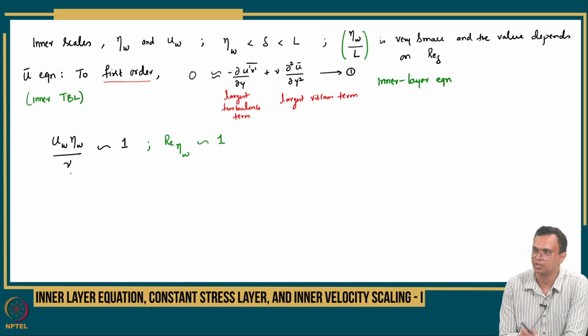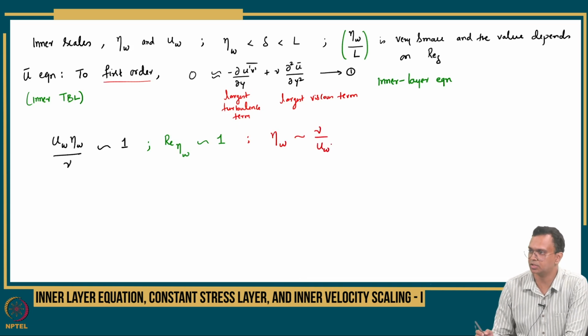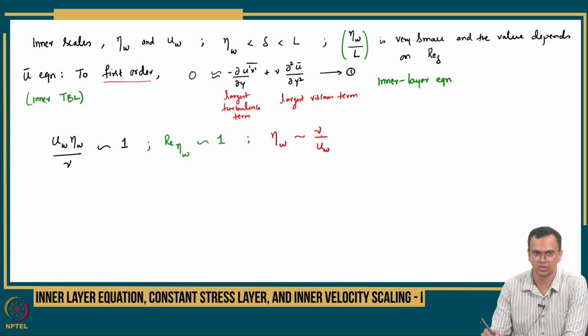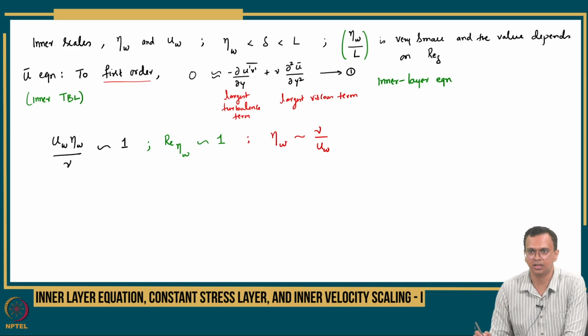So I have a length scale eta w, which is the near wall length scale or an inner scale, which depends on the viscosity, right. eta w is nothing but nu by uw. Of course, the nature of uw is required, because in a given flow the kinematic viscosity is known. If you know what uw is, you can find out eta w, the inner length scale, that is useful to you. We will see what happens to it.